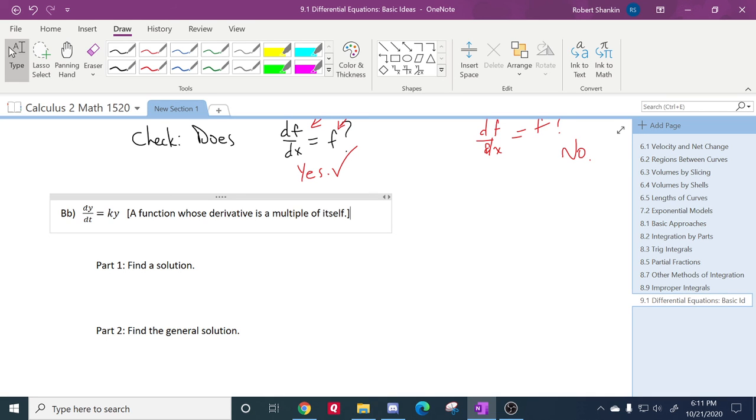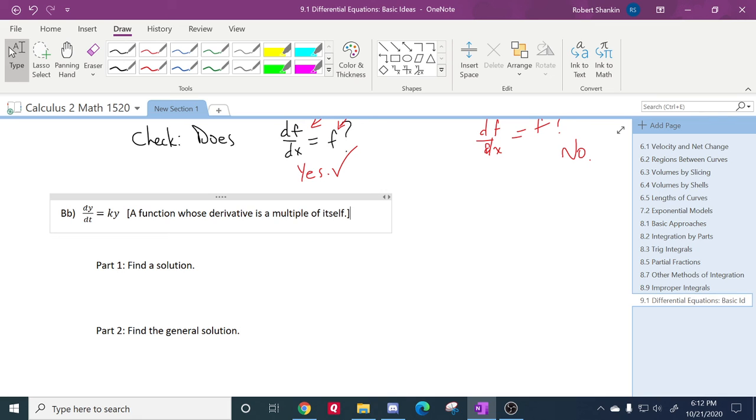Go ahead and enter your solution into your group chat. Discuss it briefly. All right, group 5.